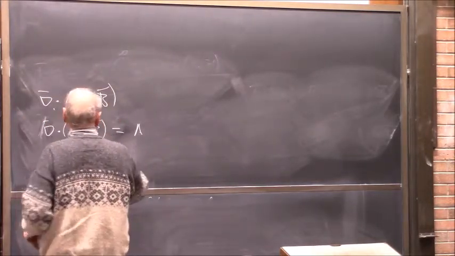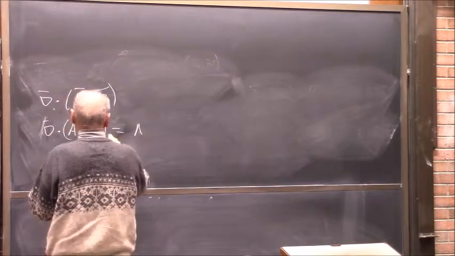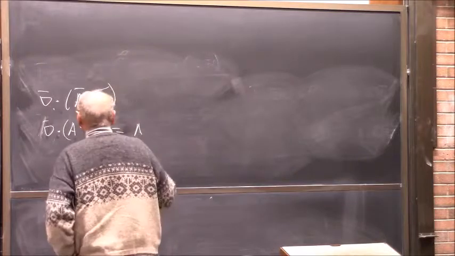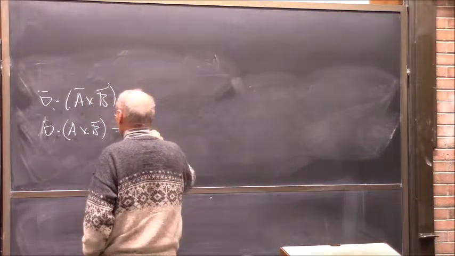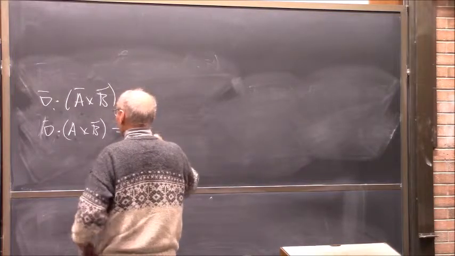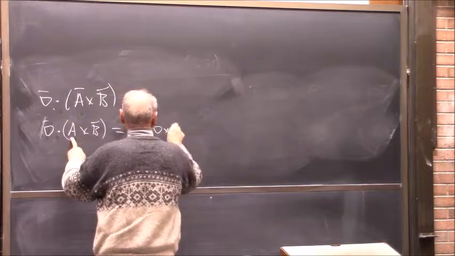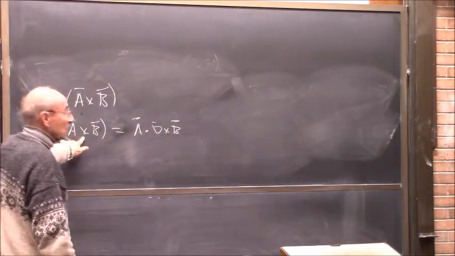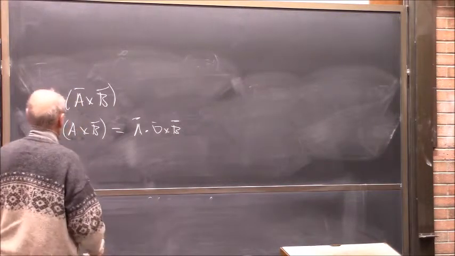So we can interchange. Could just move this one over to this side, or just interchange these. And so it becomes A dotted into del cross B. You can interchange the dot and cross in a triple product with vectors.